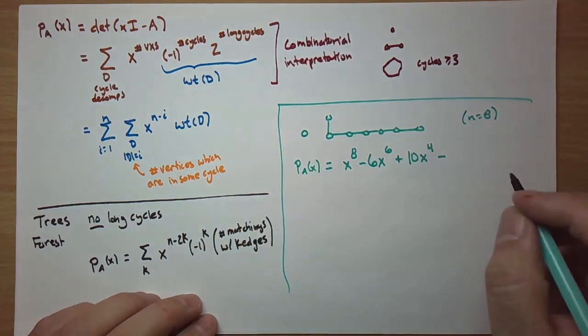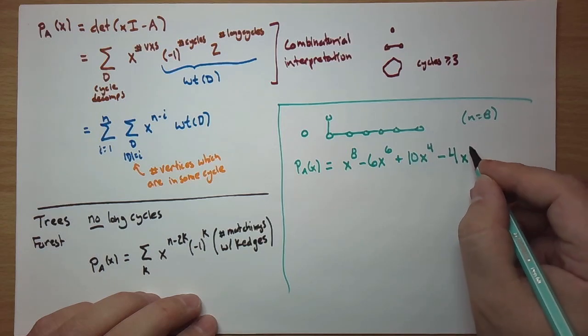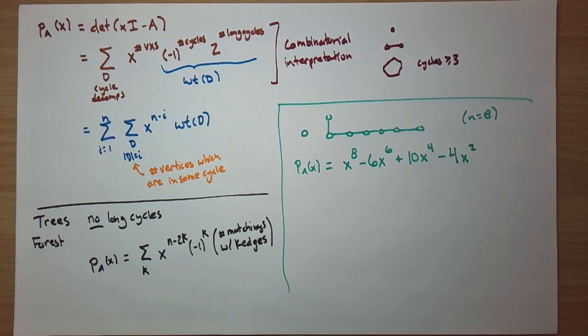Yeah, there should be. So 4. All right, and are there any matchings which have 4 edges? No, there's not. All right, good.